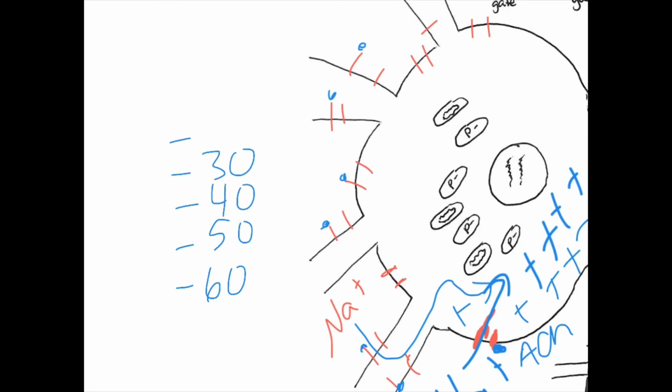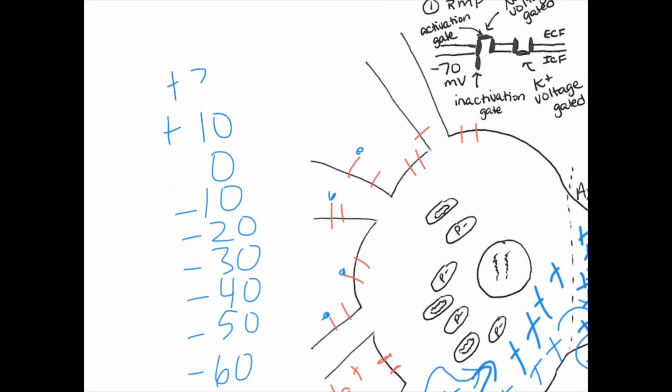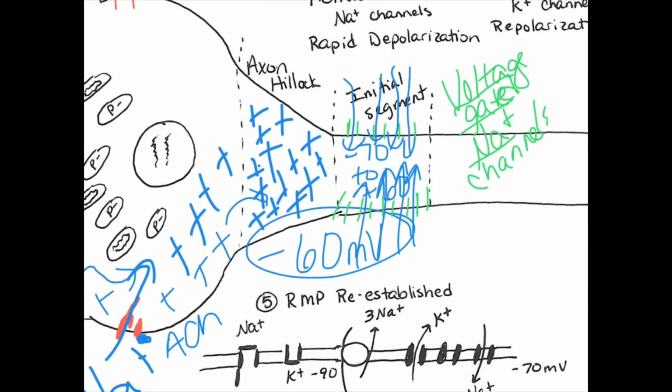The cell's going to rapidly go to -40, -30, -20, -10, 0, +10, +20, +30. That's what's going to happen to that axon in that little tiny segment, because those voltage-gated channels were activated and opened, this membrane potential is going to go all the way up to +30. There's that much sodium moving into the cell.